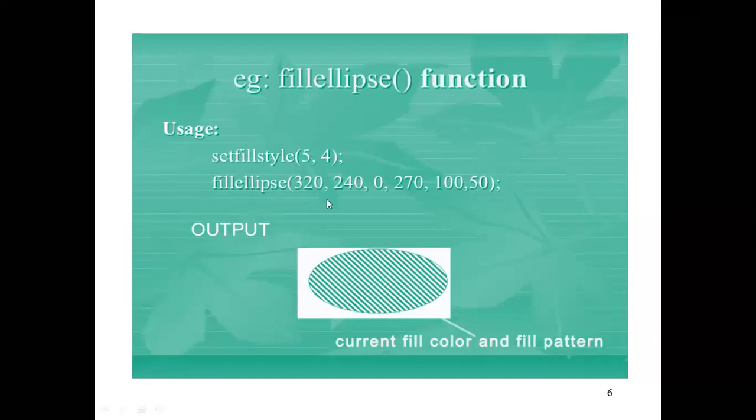And fillellipse(320, 240, 0, 270, 100, 50). At the starting you have already seen 320, 240. This is the given data as per the requirement of the function.